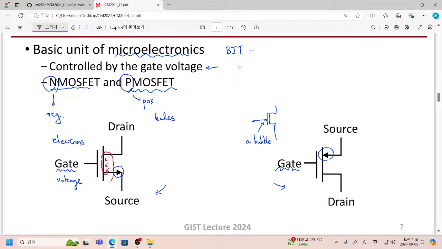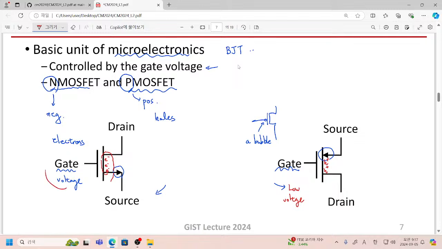Okay, the usual operation is that we apply a relatively low voltage to the gate. In this case, we have a gas of holes, and this gas of holes will be used to conduct current also. So that's the reason why we have two different types of devices which act in opposite ways to the input voltage.